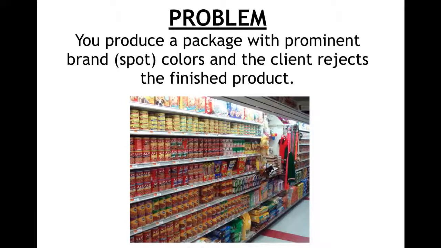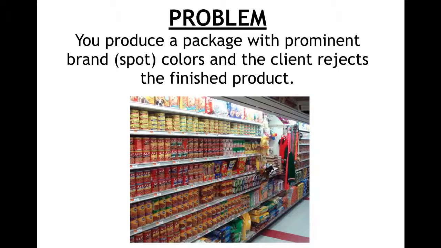But the other thing that could happen is, let's say you're in the sign market and you're printing a sign that's going to go next to a stack of 12 packs, whether it be soda or beer. You're printing that same brand, logo, and color on the pop-up sign or whatever the collateral is that's going to go next to the stack of 12-pack cases that were printed probably by offset.